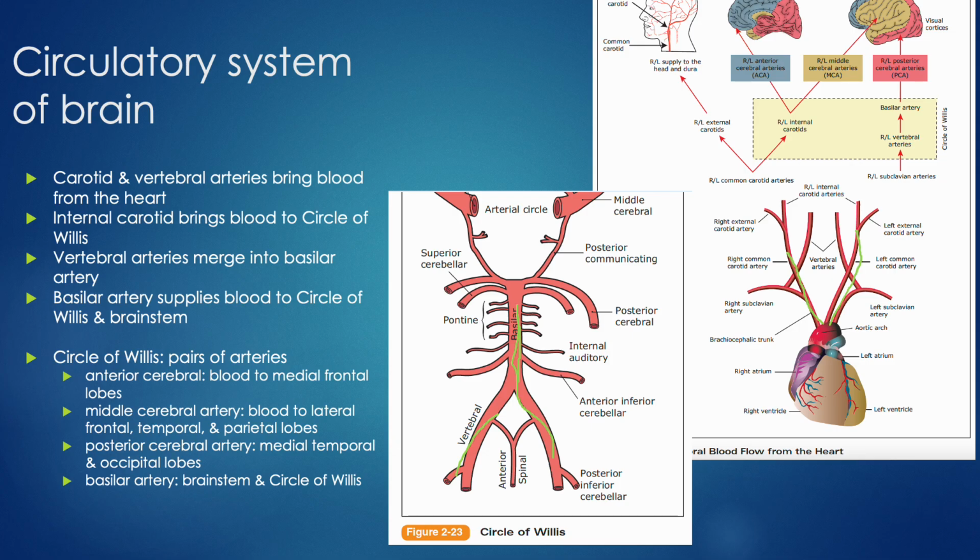And then they contribute from there to the circle of Willis, right? And then the blood coming to the front of the face and the front of the brain comes up with the carotid, and then ultimately the internal carotid when it branches, and also connects to the circle of Willis, and then travels up the anterior cerebral artery.